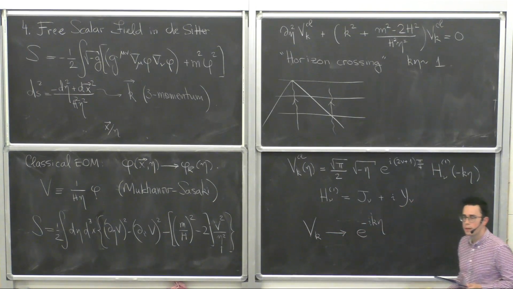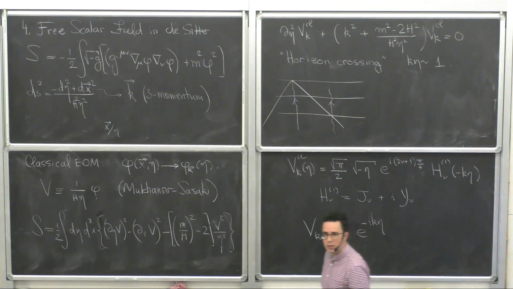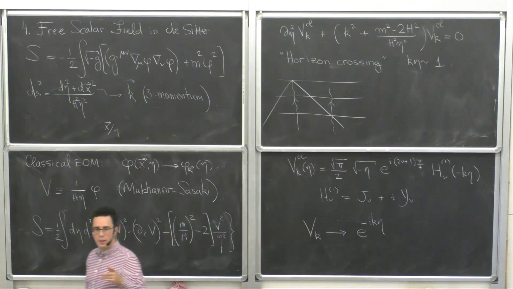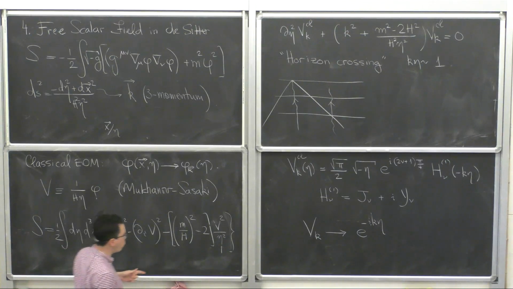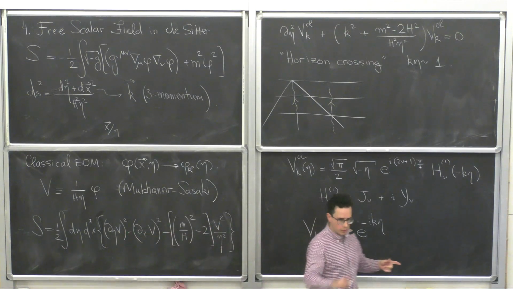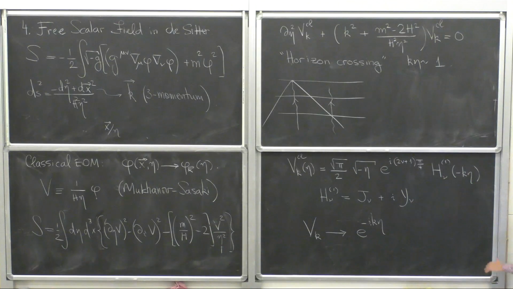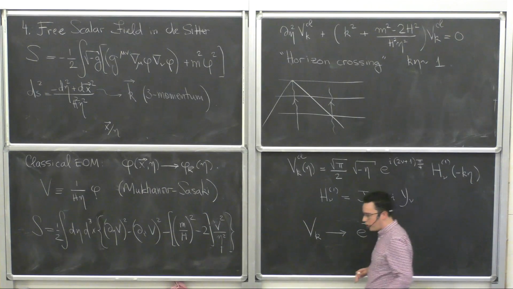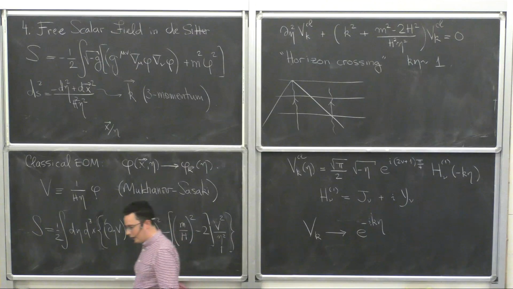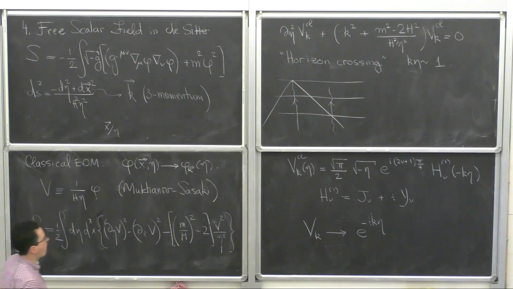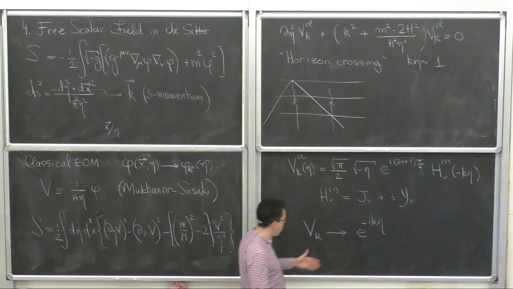Okay? Now there was a question yesterday by someone asking, well, what about the vacuum ambiguity? Why don't you take an admixture of positive and negative frequency? To which I'll say it's a completely fair proposal.